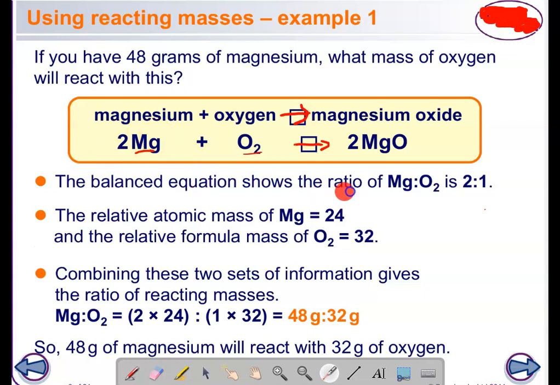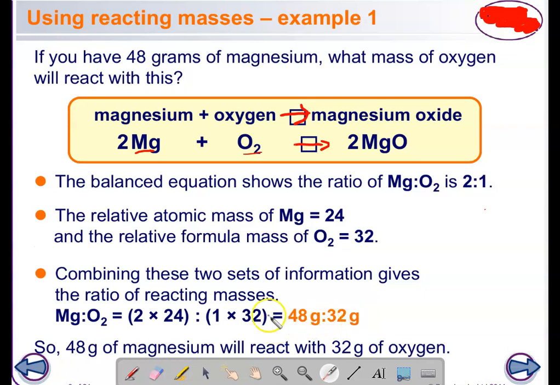You must be able to write balanced equations at this stage. It will not always be given to you. You have to be able to write your equation, know your reactants and your product, and balance the equation. The balanced equation shows that the ratio of magnesium to oxygen is 2:1. The relative atomic mass of magnesium is 24, and the relative formula mass of oxygen is 32. Now, if you combine these two pieces of information about the reactant masses, magnesium is to oxygen will be 2 lots of magnesium times 24 is to 1 lot of oxygen molecule, the 32, which is the relative formula mass of an oxygen molecule, and that gives you 48 grams is to 32 grams.